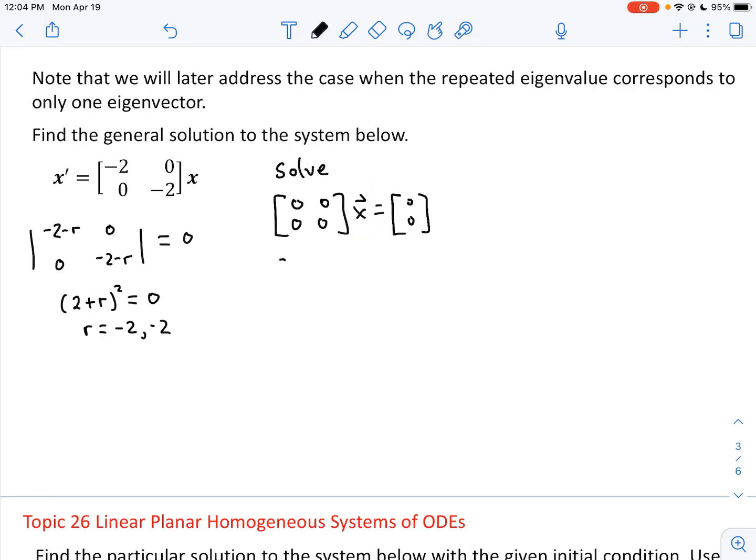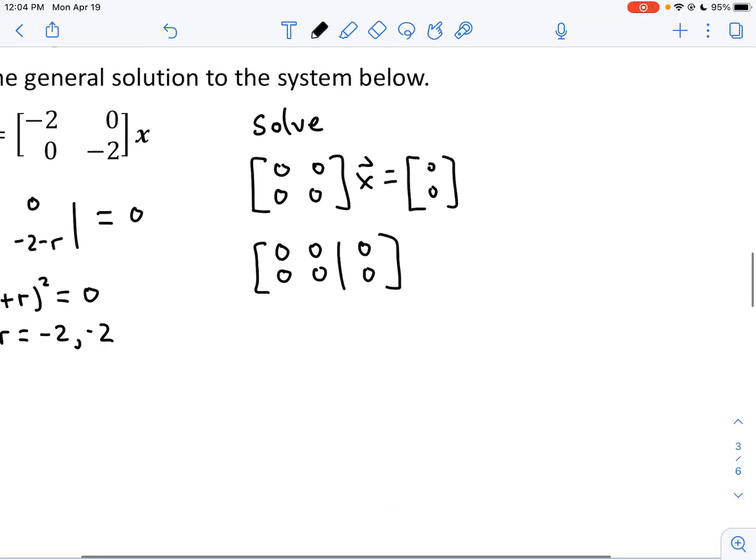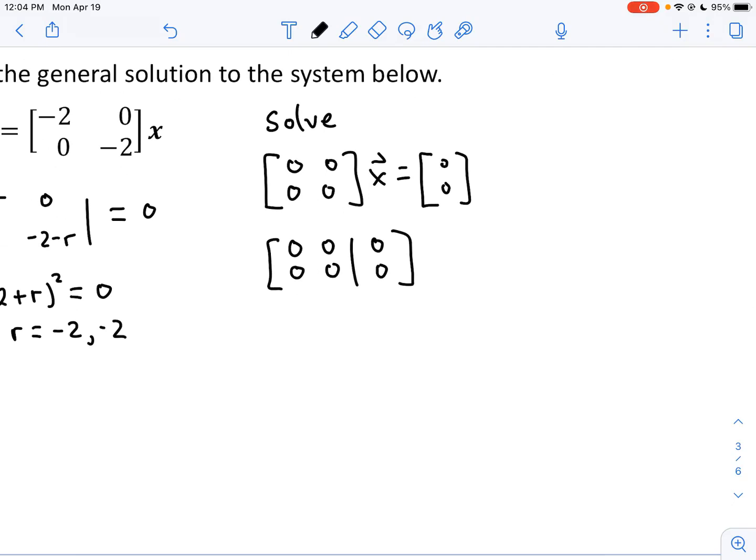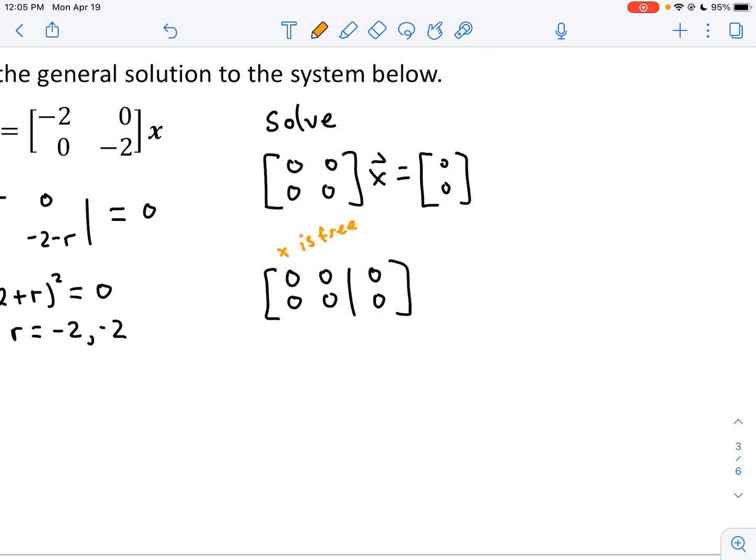If I wrote this as an augmented matrix, it would look like this. And then taking our knowledge about how to identify the multitude of solutions when you have free variables, notice that no row has a leading 1. The first column represents the coefficients of x, and because there's no leading 1 there, we know that x is free.